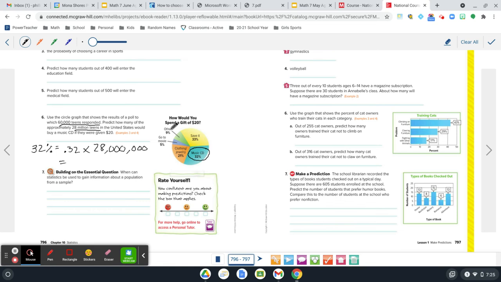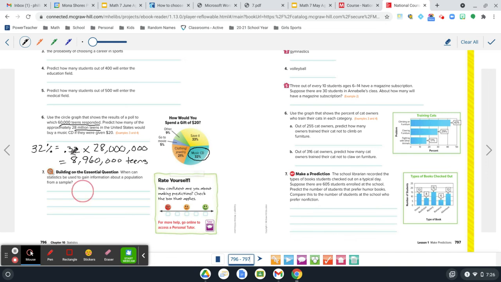And so hopefully you're seeing 8,960,000 teens would use that $20 and buy a music CD.